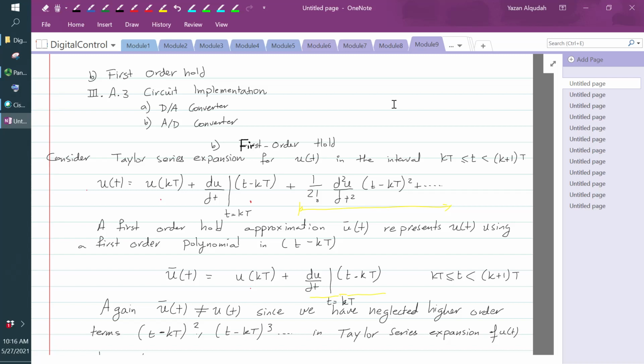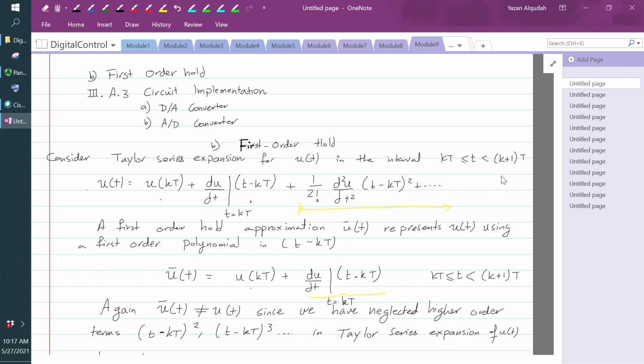So in the previous module, we looked at the Taylor series expansion of u of t, and we said u of t can be expanded as u of kT plus the derivative multiplied by t minus kT, plus the second derivative, and so on and so forth. For the zero order hold, we ignored all the terms starting with the first derivative. So we approximated u of t as equal to just u of kT.